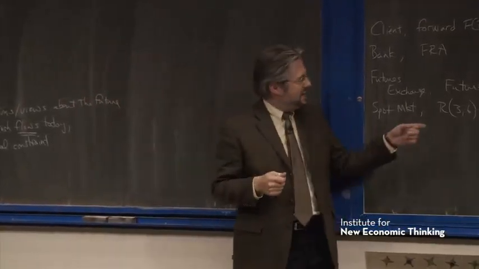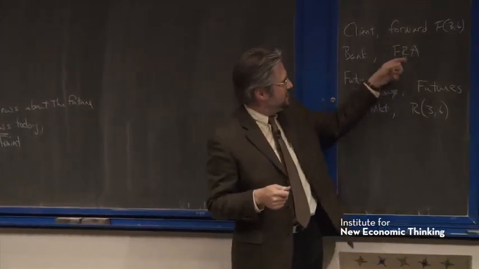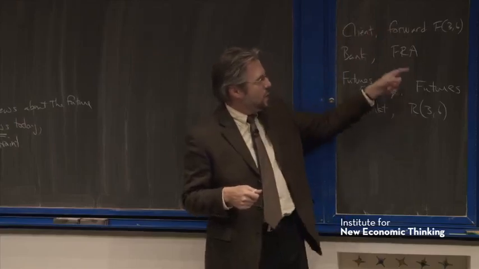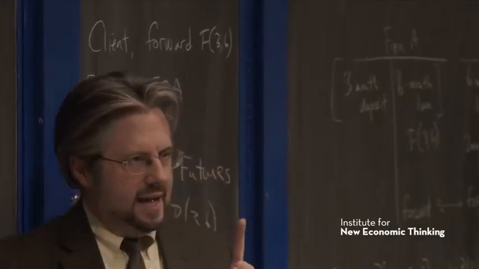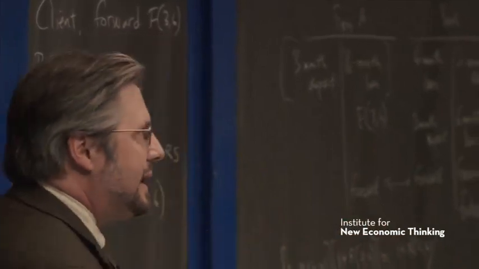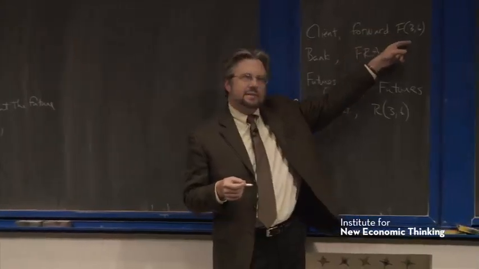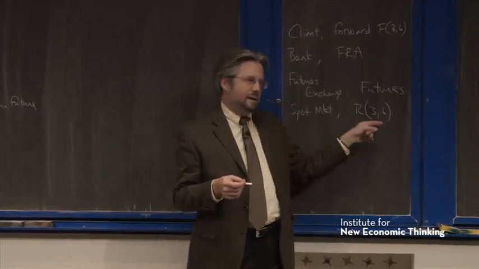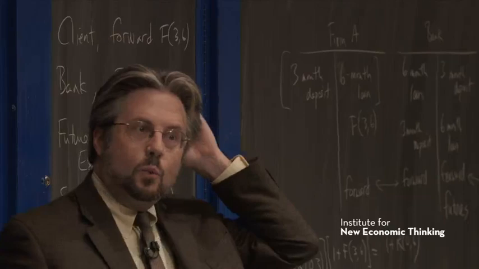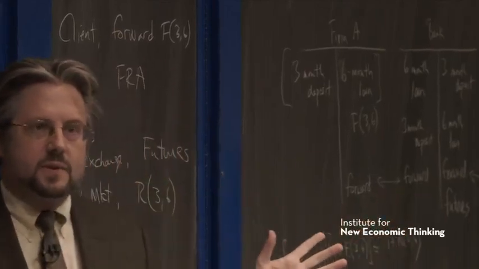Now, the reason I'm doing this link here is you see there's a range of different kinds of instruments. What we know as a stylized fact about the world is that the forward rate is not an unbiased expectation of the future spot rate. If it were, that's the expectations hypothesis of the term structure.